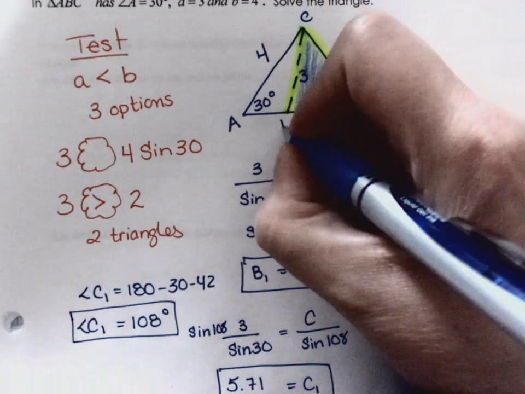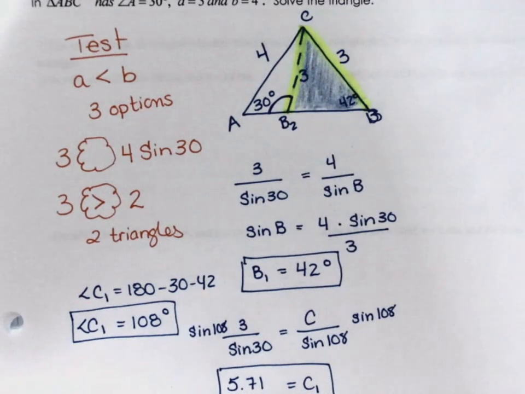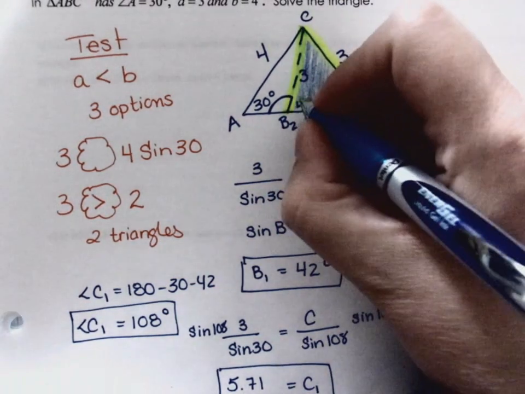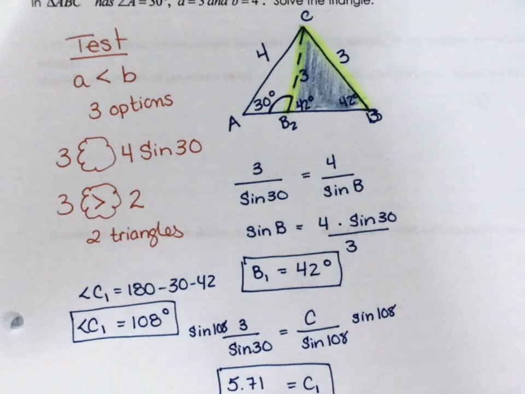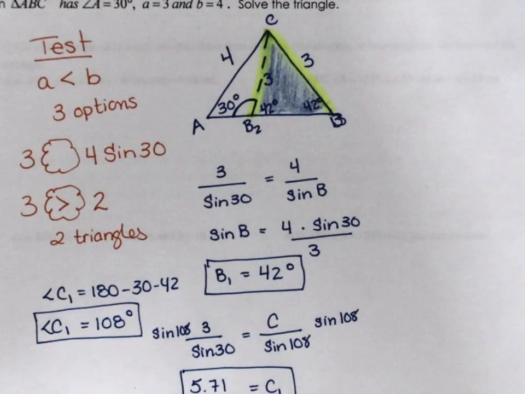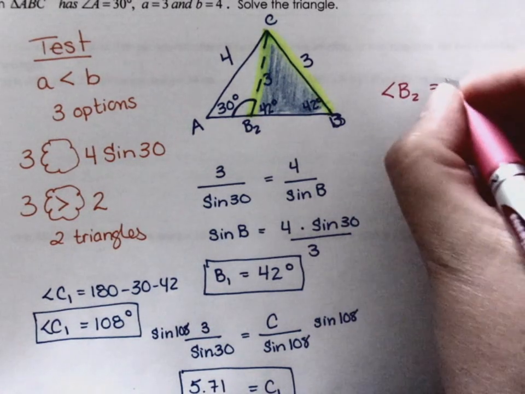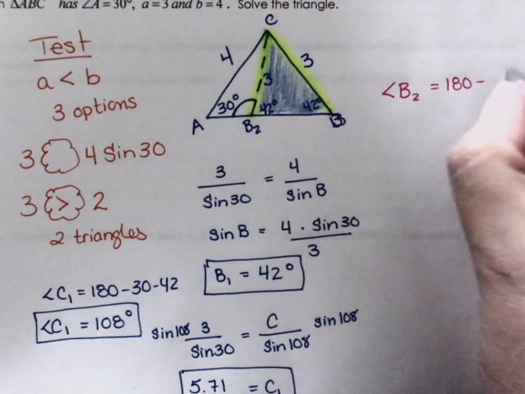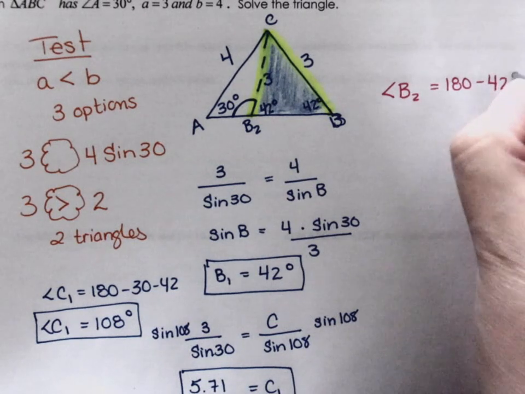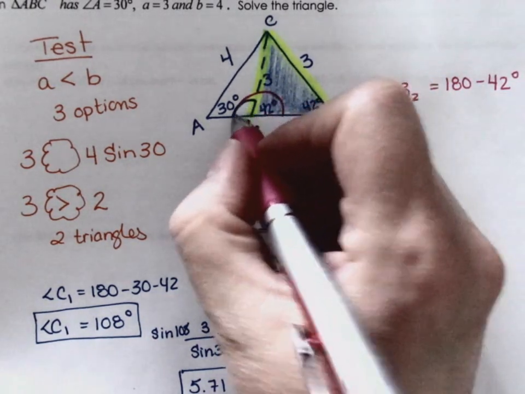So that means my B2 angle, which is in here, I know in an isosceles triangle, is also 42. If I want to find angle B2, I'm going to take 180 and minus the single 42 from it, because we know that whole measurement is 180.